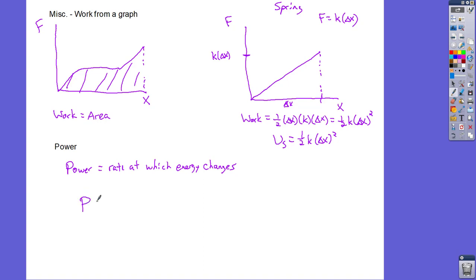So the formula, remember, is power is delta E, the change in energy, over the change in time. I always go to the weightlifting example. If two weightlifters lift the same amount of weight to the same height, they both do the same amount of work, but one may do it very, very quickly. The other one may struggle and take longer to do it. So just remember what that is.